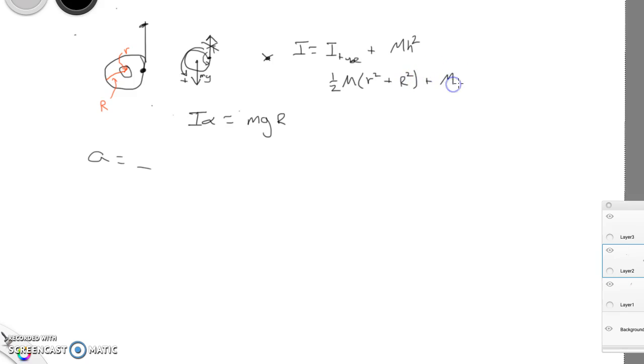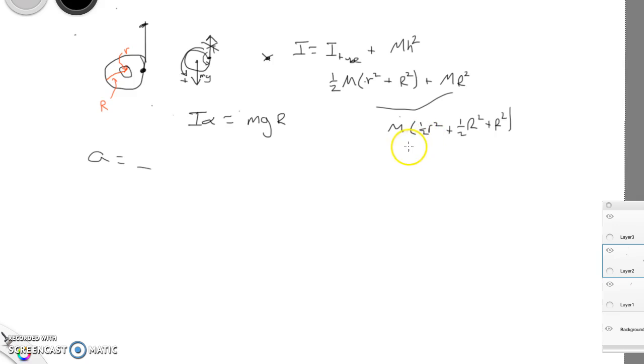And here it's going to be m times big R squared for that outer radius. Okay, and so we can simplify this before we plug it in. I'm going to distribute the 1/2 to each of these, and we'll factor m out from everything, so it's m times 1/2 r squared plus 1/2 big R squared plus big R squared.